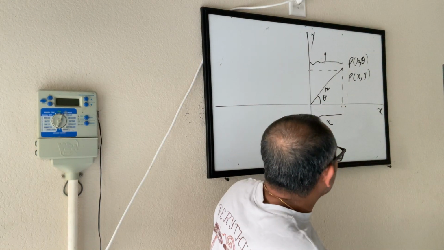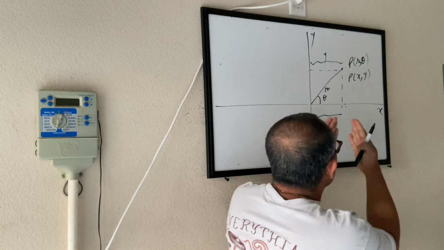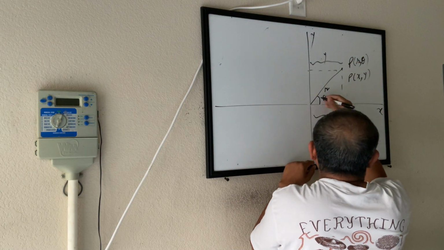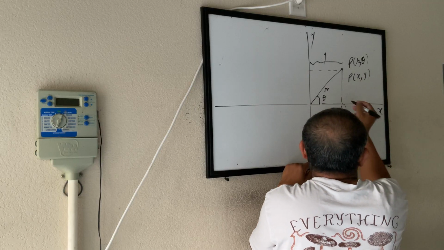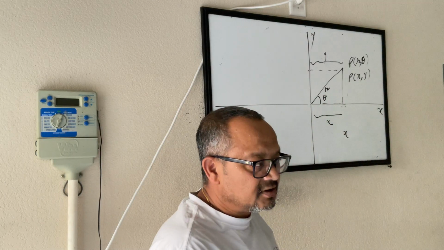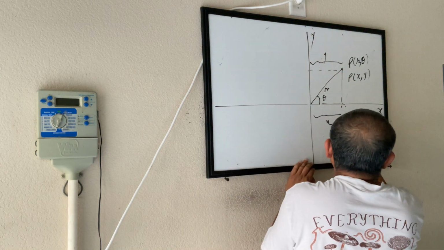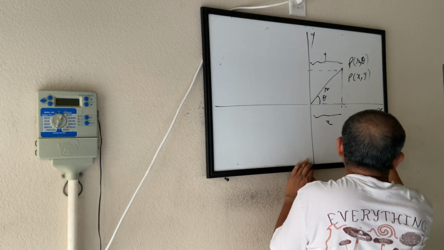Now, if you want to draw a relationship between these two, what will this r be? This is your concept from Pythagorean theorem. This is a right angle triangle, and x squared plus y squared will be r squared.